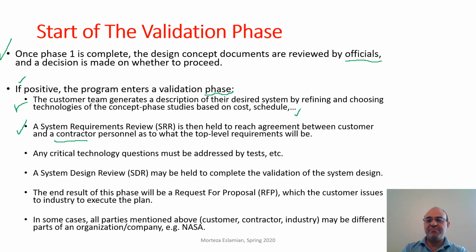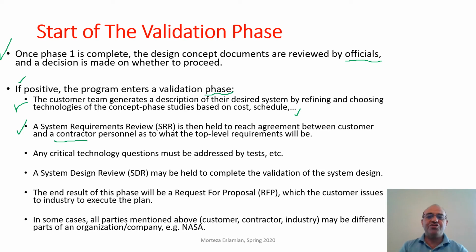So the customer may be, for instance, NASA, and then the contractor may be a company which has been hired as consultants or advisors, or the customer could be part of the executives of NASA, the management, and then the contractor could be the engineering department.